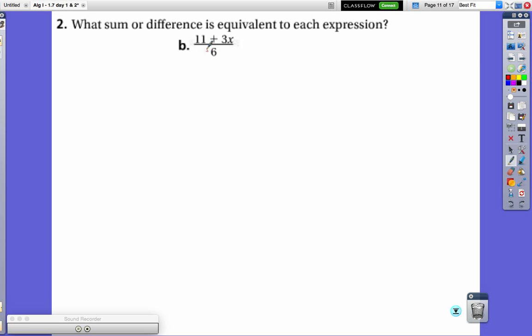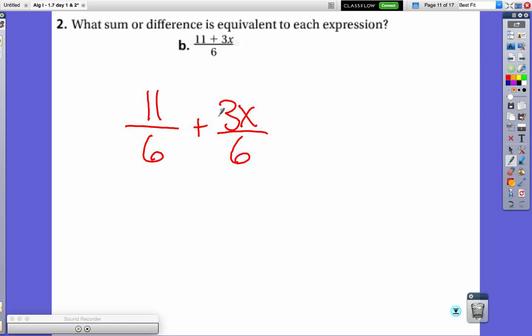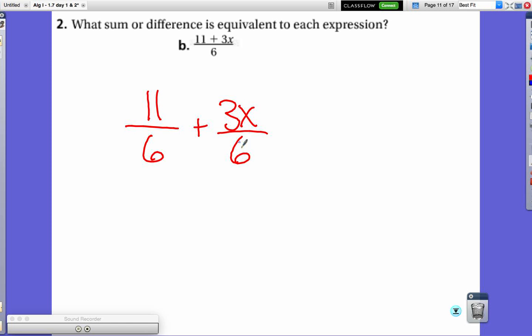All right? So this, again, 11 divided by 6. Then we have a plus 3x over 6. Now this one, 11 over 6 can't be simplified, but 3 over 6 can. So we can divide each of these by 3.